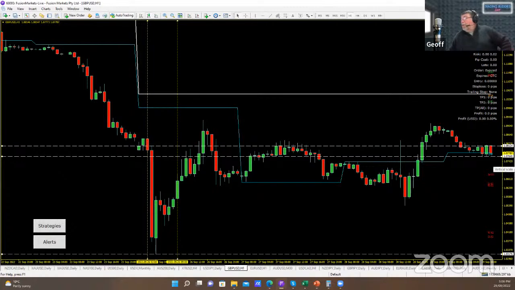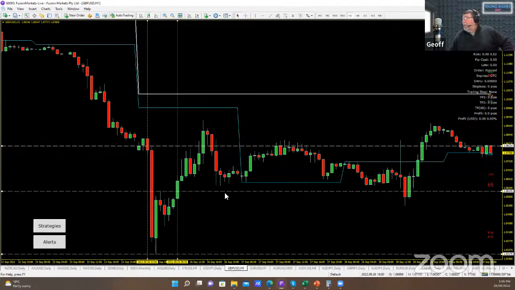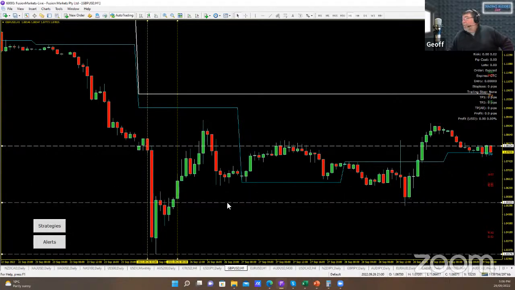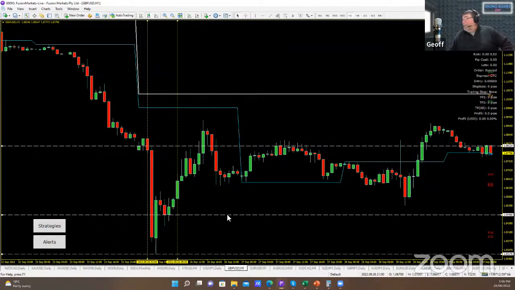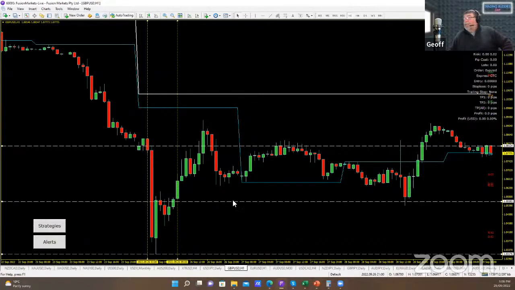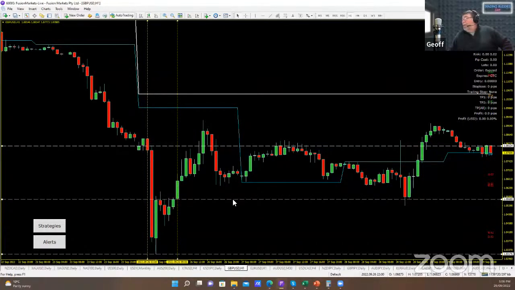103.17 to 107.64. So 103 is 347. Let's call it 346. So 173 pips from there would be 104.90. How come it's easier today? 104.90. Doesn't look right, does it? I got it wrong, didn't I? That's why it was so easy. 103.17 to 108 is 495.